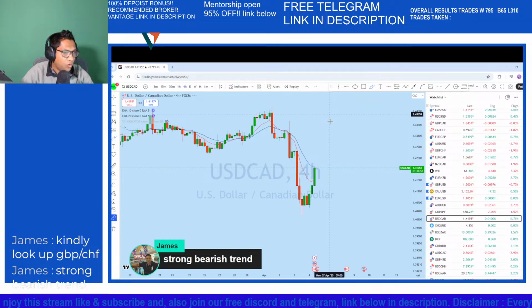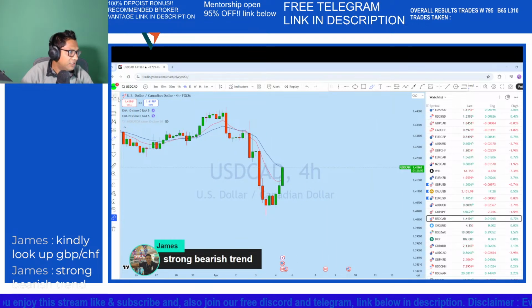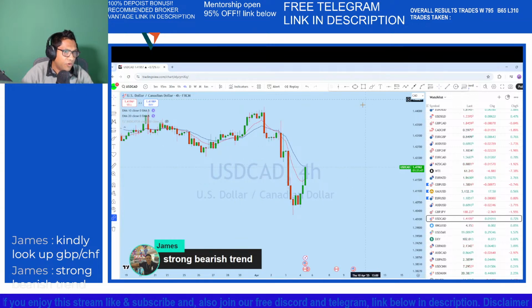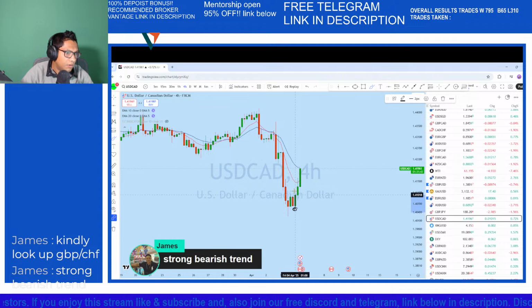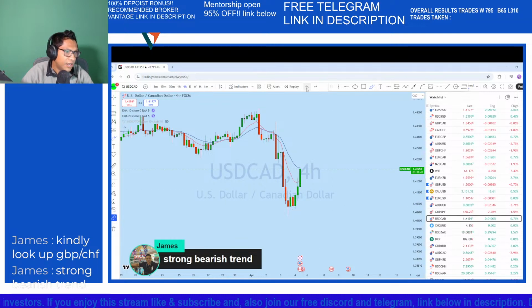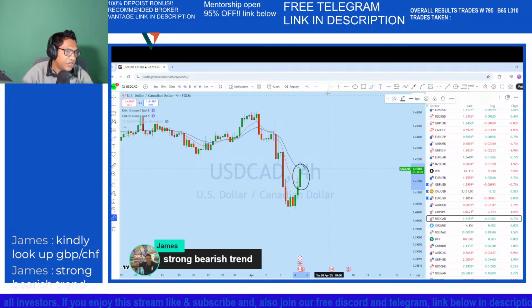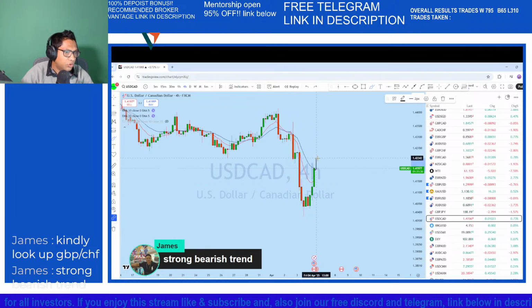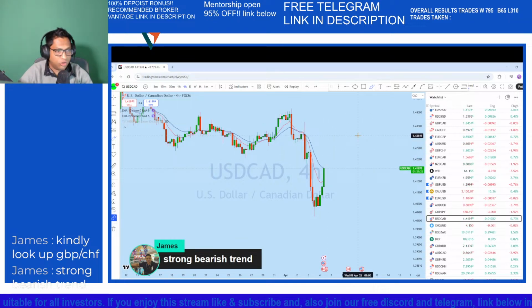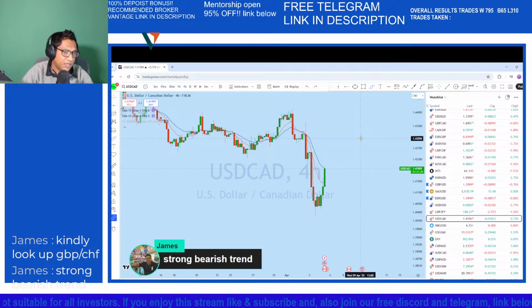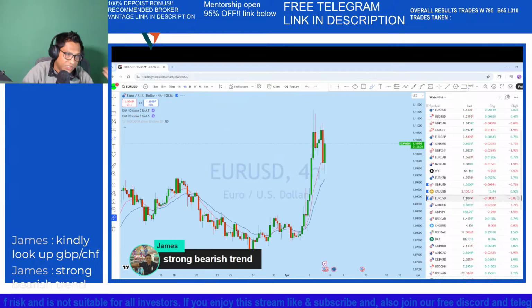On the 4-hour chart on dollar CAD, we can see a bullish engulfer and another bullish candle with further bullish price action, and we could see the market possibly moving further to the upside, with the price remaining bullish in that area. So this is dollar CAD. We will be back on that one once we see further confirmation.